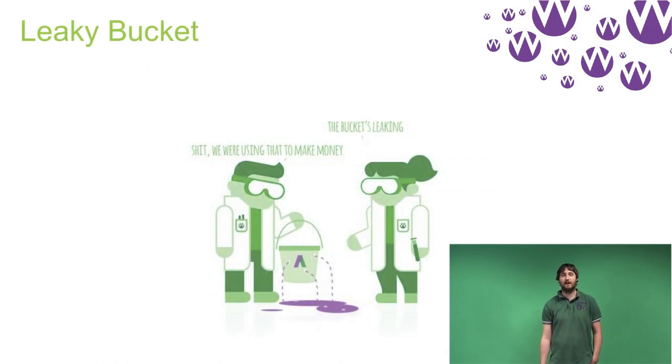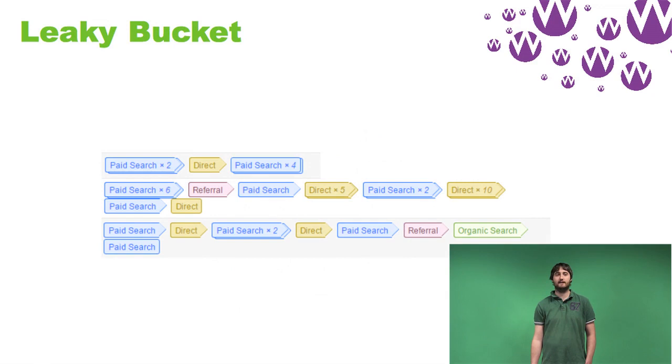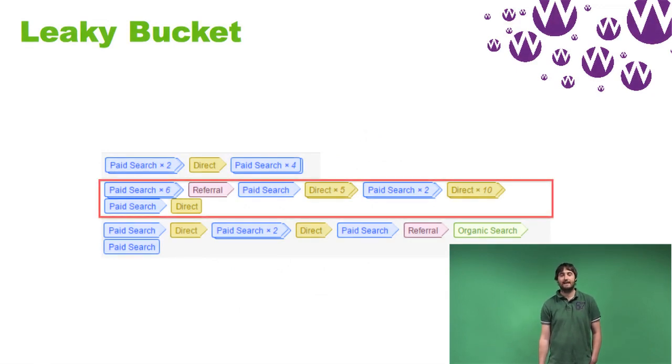So the first problem that we look at is what we call a leaky bucket. This is if you have a defined budget where you're not able to cover all the searches available for your keywords. To demonstrate what this looks like, we've taken a screenshot from Google Analytics of a path to purchase, and the one that I've highlighted here shows that in this instance one user has come in and they've made a number of different searches.